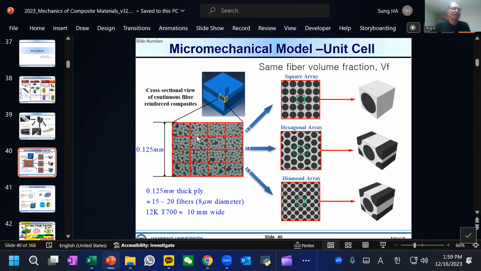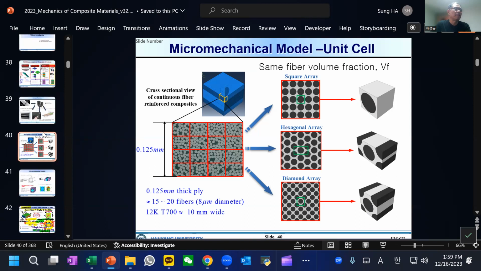Now, this is a real photo of the real fiber arrangement, but to model them and understand the behavior, we need a sort of a model to arrange the fiber. This kind of arrangement is called a square array, or hexagonal array, or diamond array.